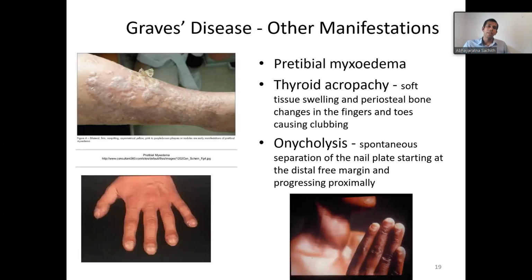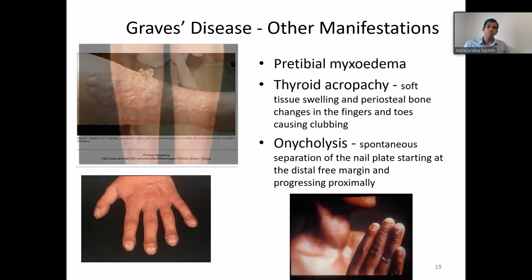And then in Graves' disease, you get other things like pretibial myxedema, and thyroid acropathy, which is soft tissue swelling. It's quite similar to the clubbing which you have seen. And then onycholysis, which is separation of the nail plate at the distal margin. Those are also seen mainly in Graves' disease, not in other hyperthyroid conditions.